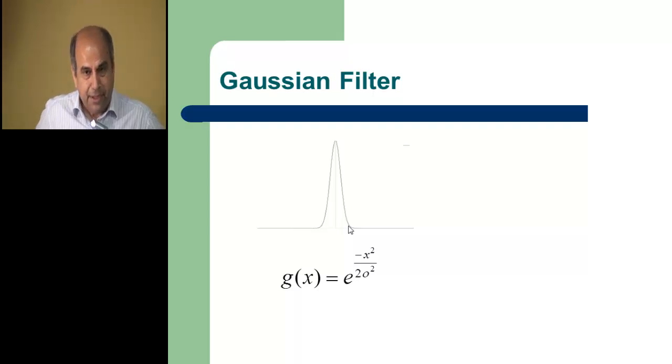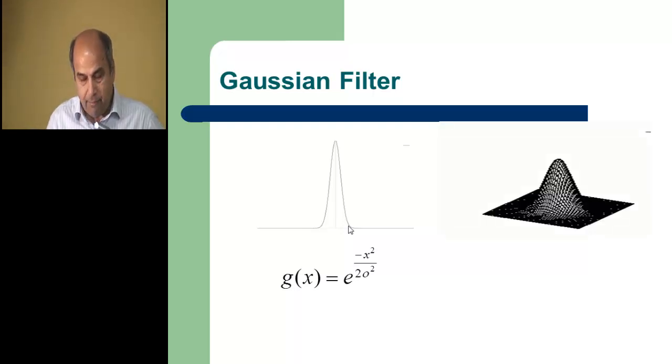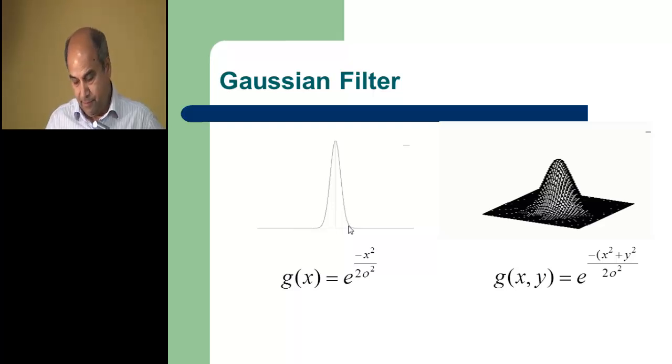The mean is 0 here, and the standard deviation is sigma. And it's a one-dimensional Gaussian. And this is a two-dimensional Gaussian, which is same thing in x and y. And this is written like that: e to the power minus x squared plus y squared upon 2 sigma squared. Okay, 0 mean, again, same standard deviation for both.